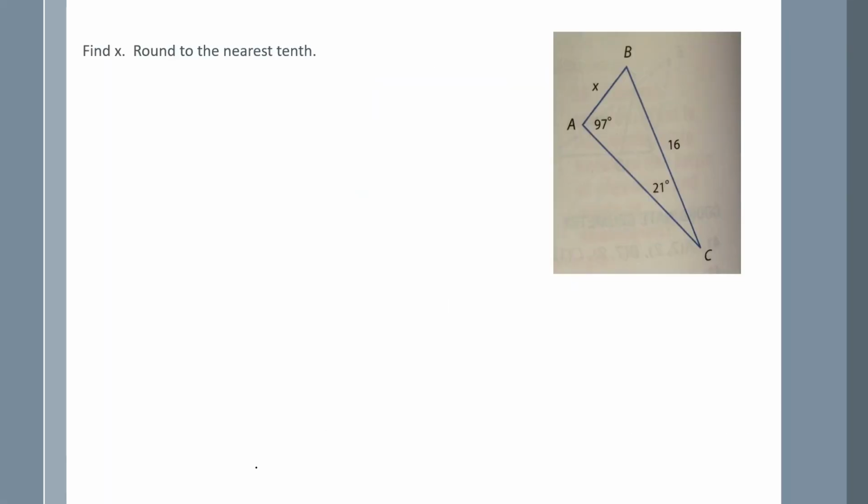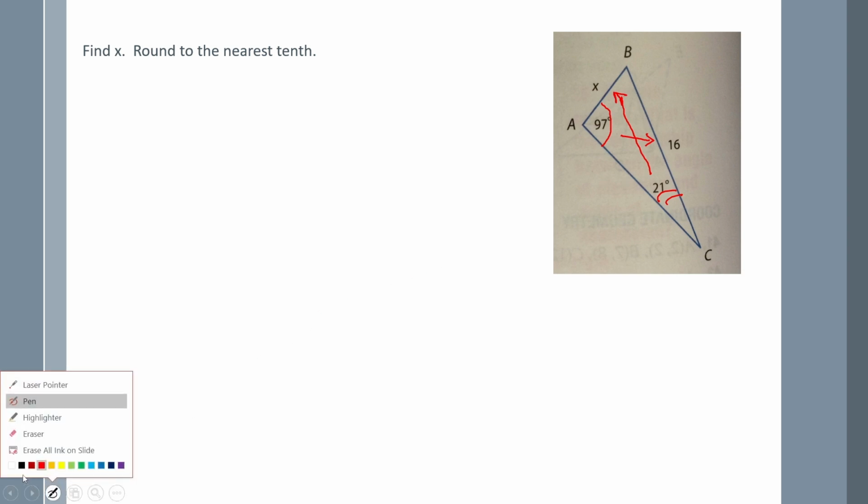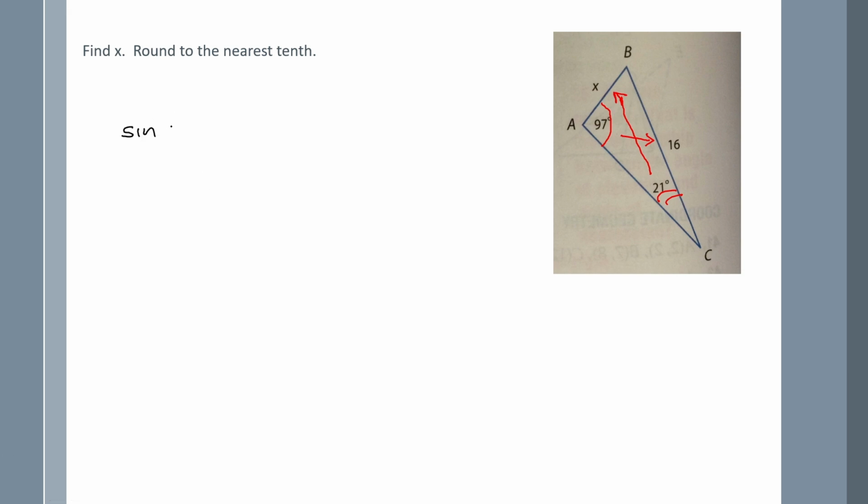In this triangle we have a 97-degree angle that matches up with a side length of 16, and then a 21-degree angle that matches up with x. So we're going to set up our law of sines. The sine of 97 over 16 is equal to the sine of 21 over x.